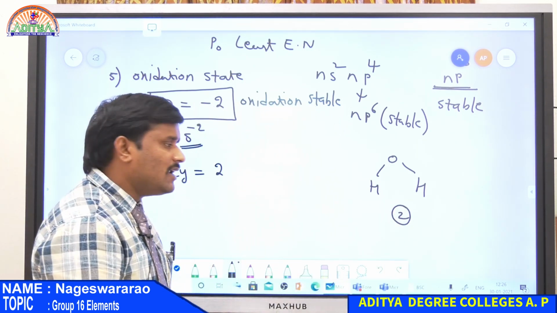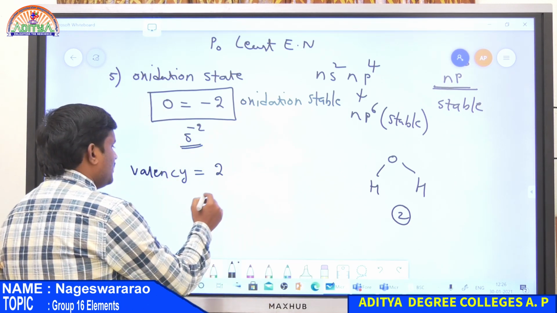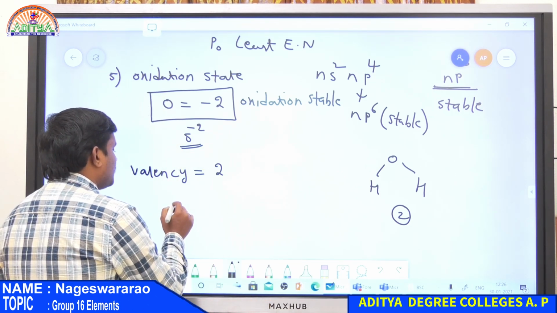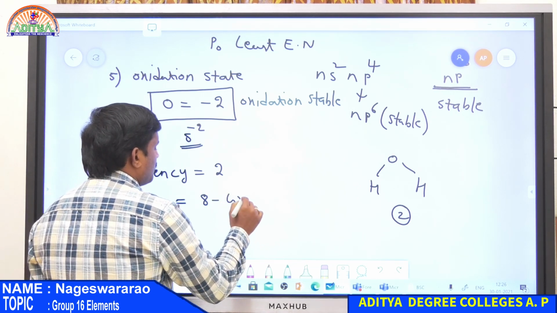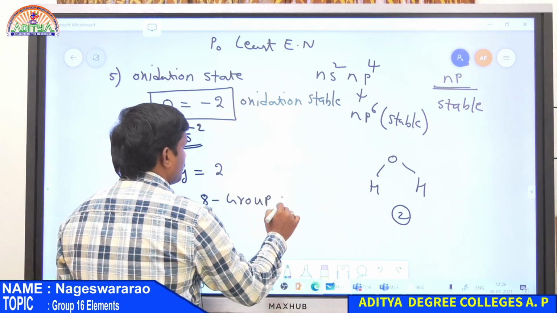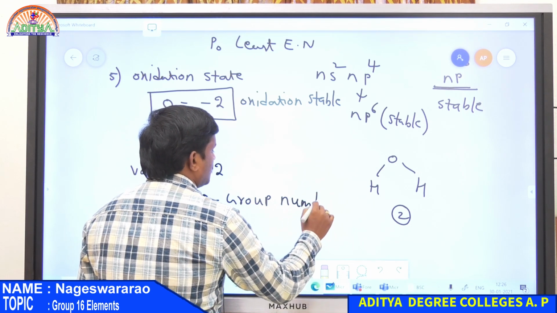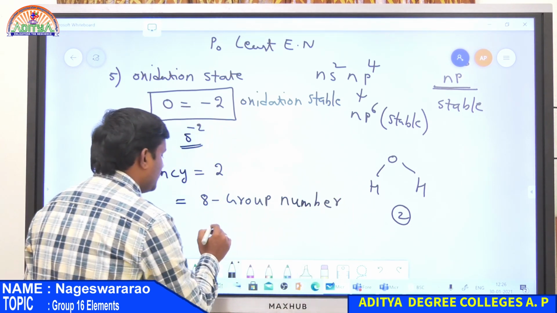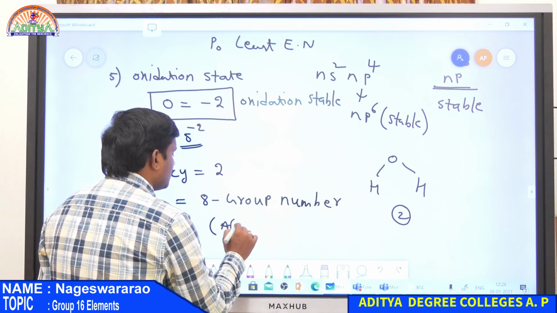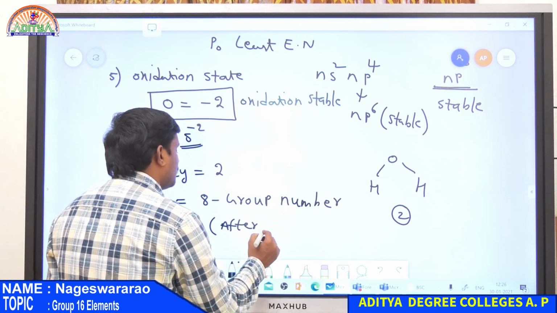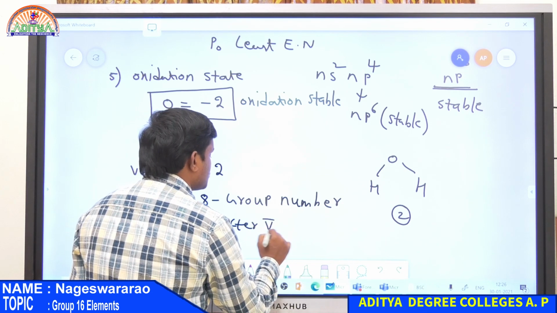Also valency for an element is determined by using the formula 8 minus group number. This is only for elements after the 5th group.